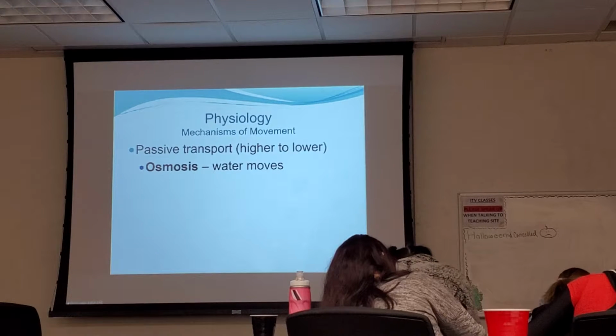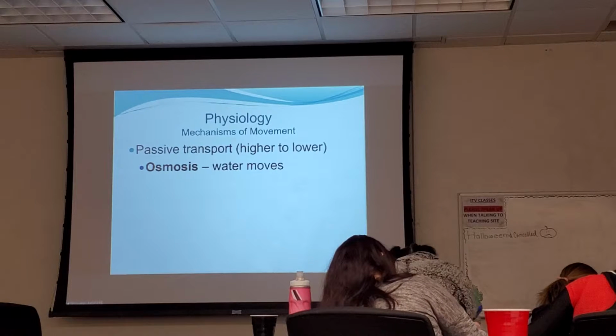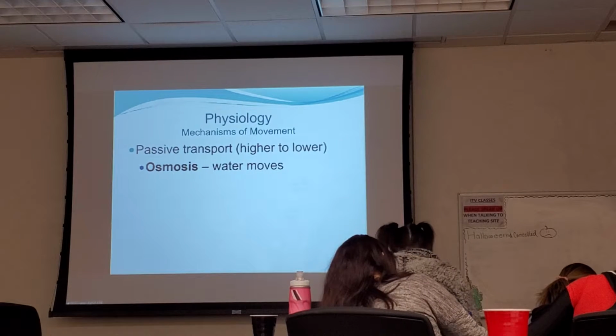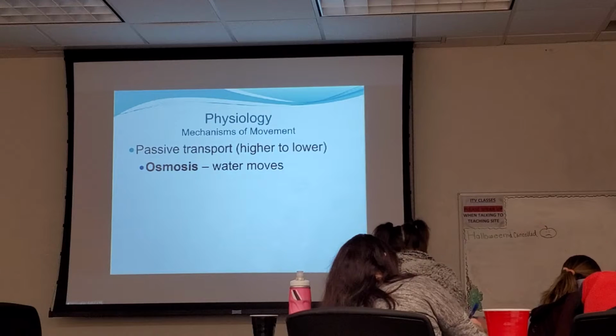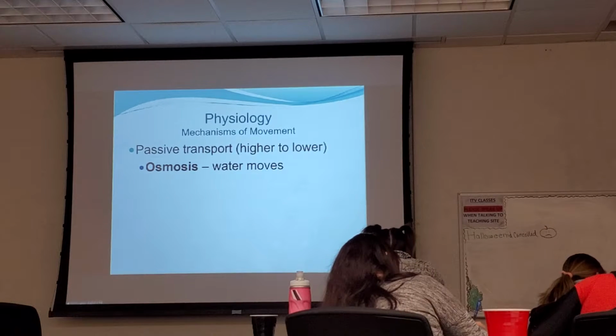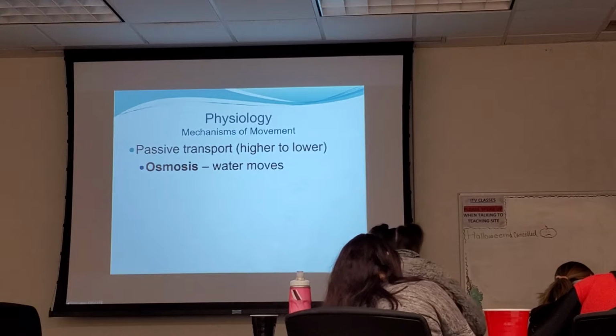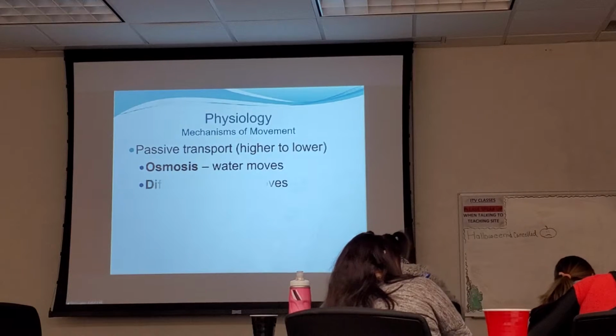Okay, so when we're talking about passive transport, there are 3 different processes that I need you to grasp. It's very significant that you understand these because everything else makes sense when you understand how these things move. Osmosis is the water moving from one side of that membrane to the other.